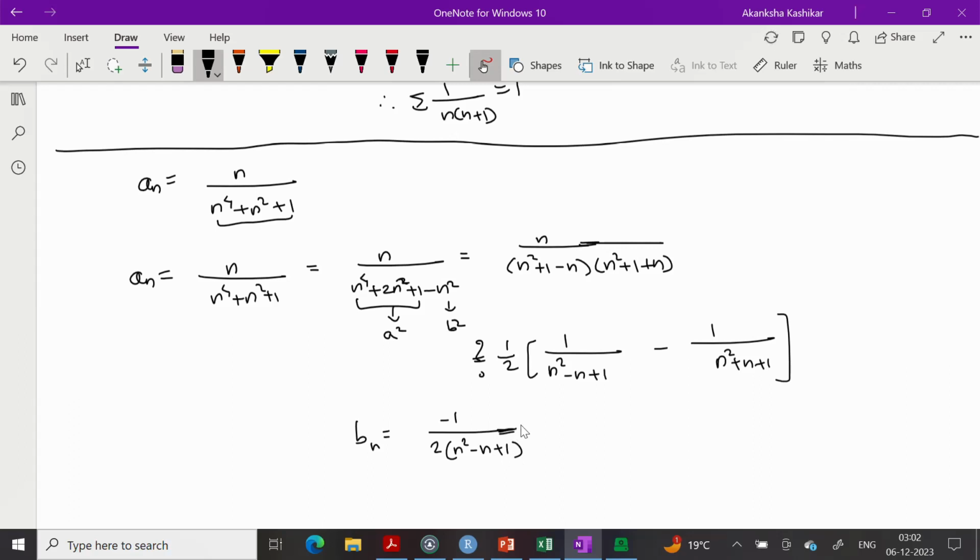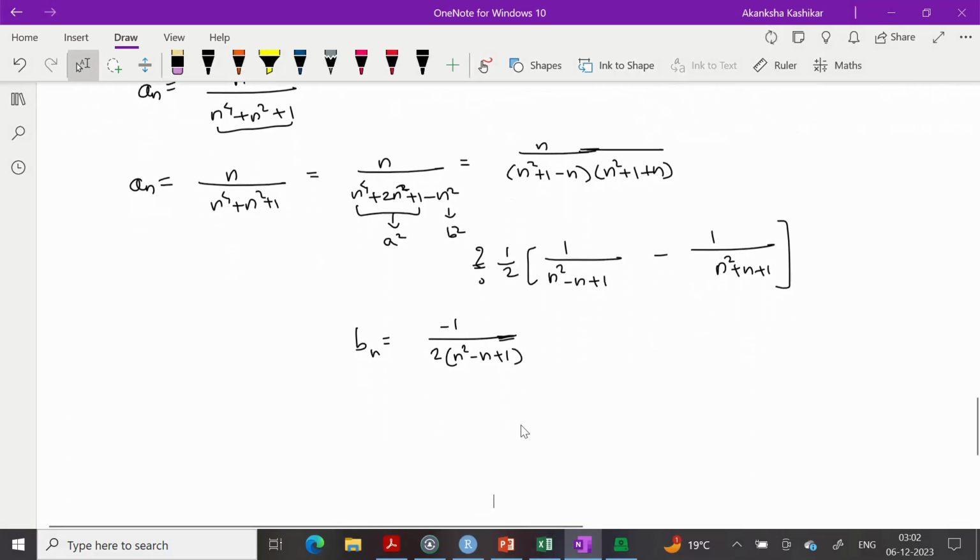Coincidentally, here also I have to define bn as negative, because if I define bn as this positive term, then bn plus 1 cannot be this.